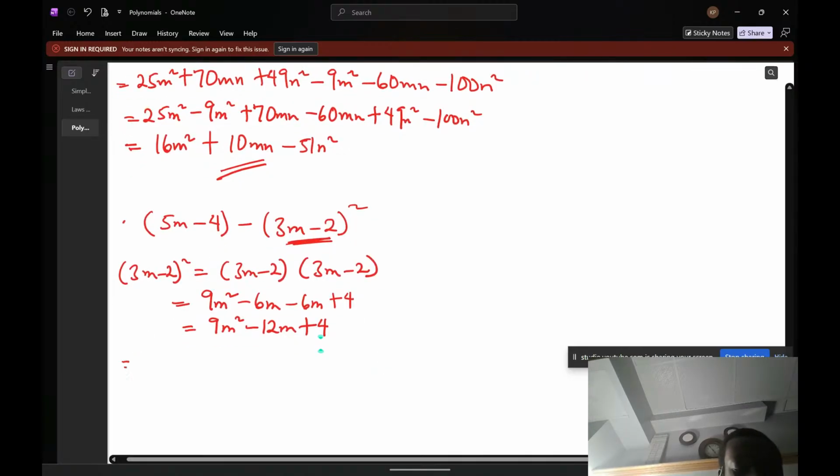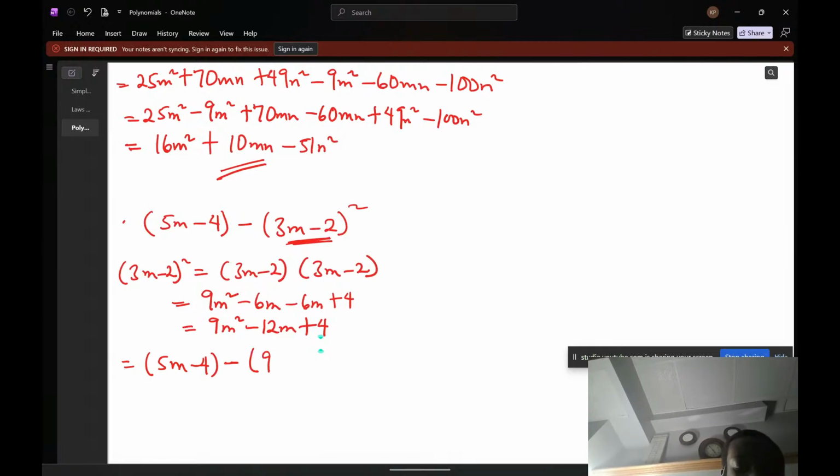Okay, so now that will be equal to 5m minus 4, minus, into 9m squared minus 12m plus 4. So we have 5m minus 4 minus 9m squared plus 12m minus 4.